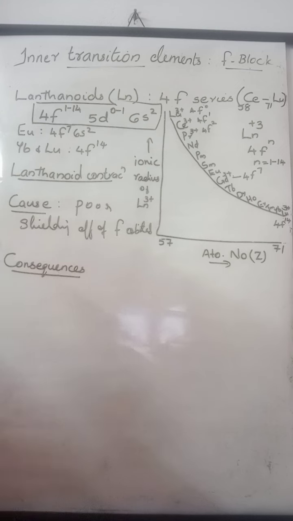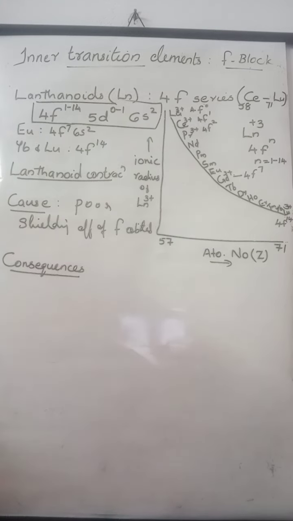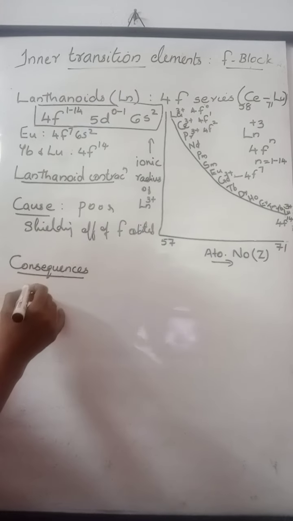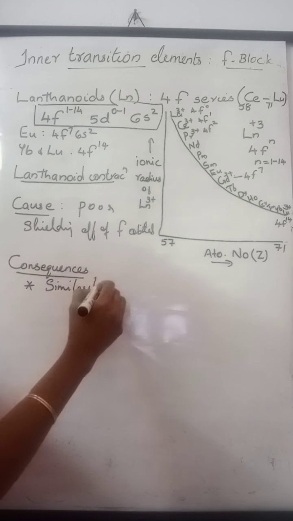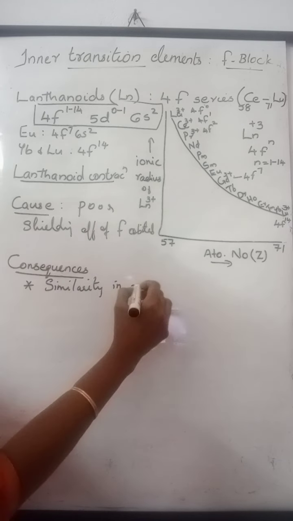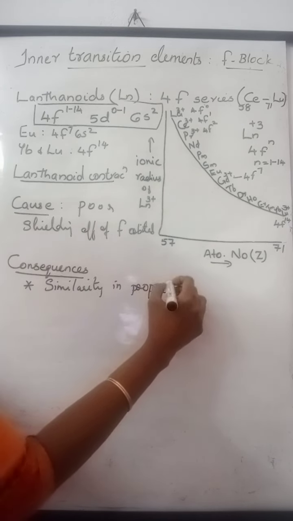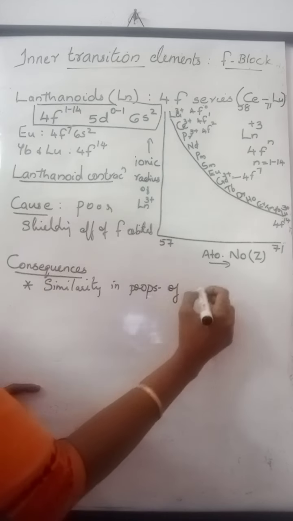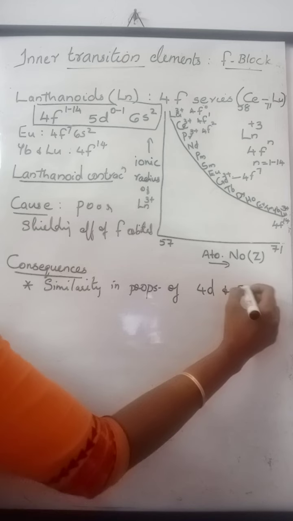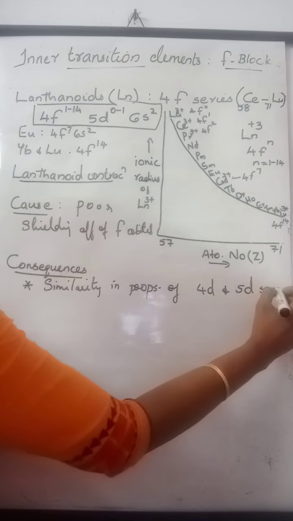What are the consequences of this lanthanoid contraction? There are 3 consequences. First one, similarity in the properties of 4d and 5d transition elements.